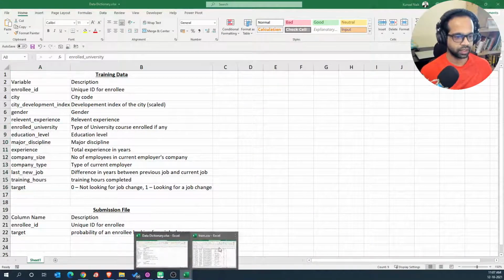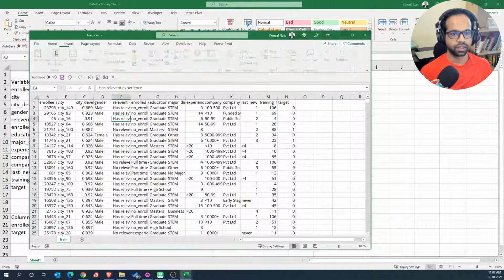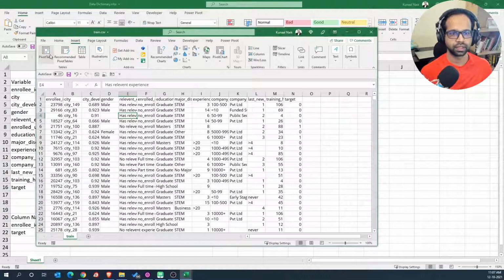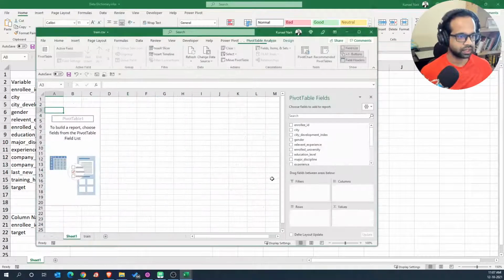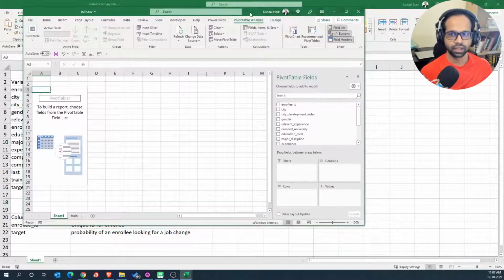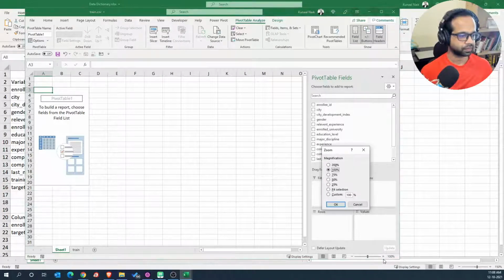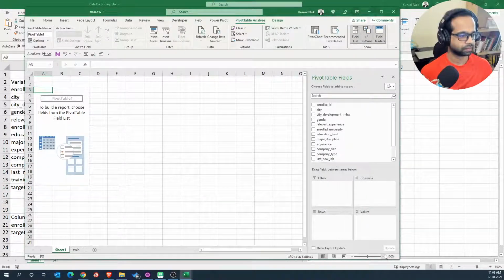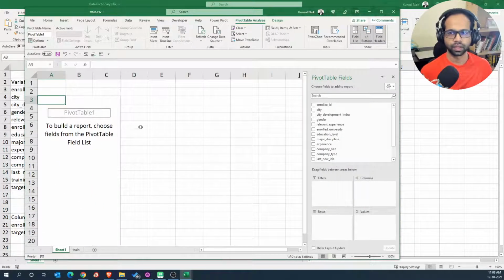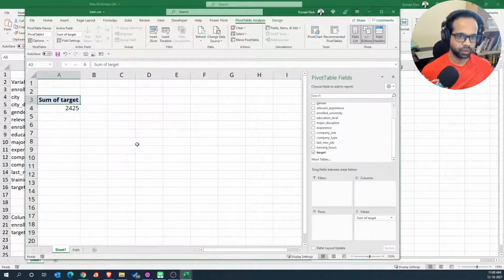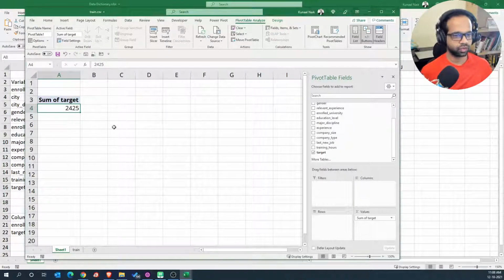So I'm going to insert a pivot table on the trained data, and let's see what I can do with it. I'll expand this a little bit. The number of people that are looking for a job change is 2425.